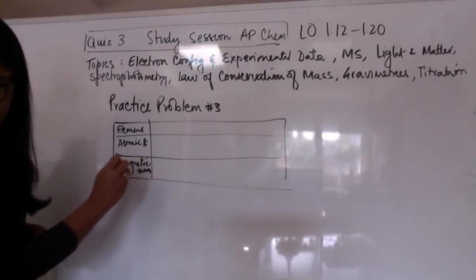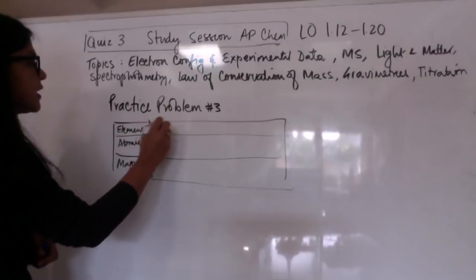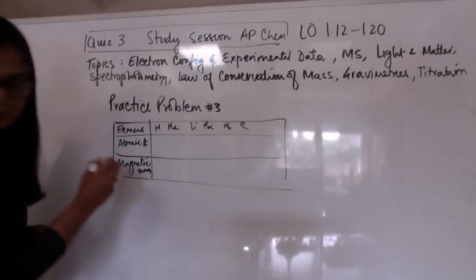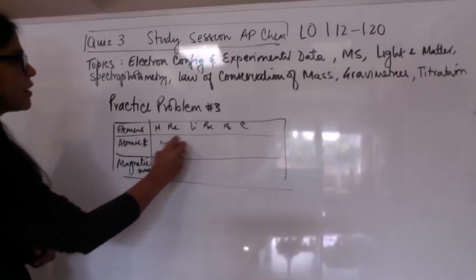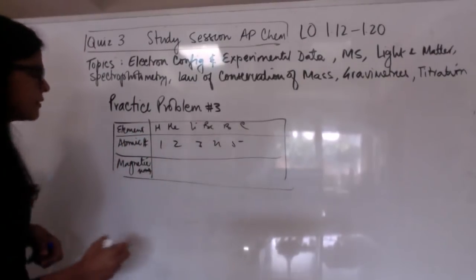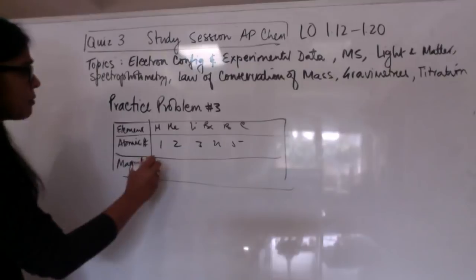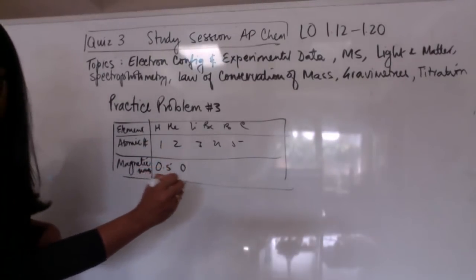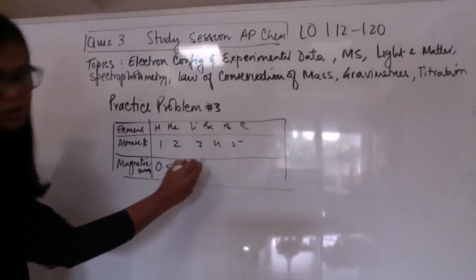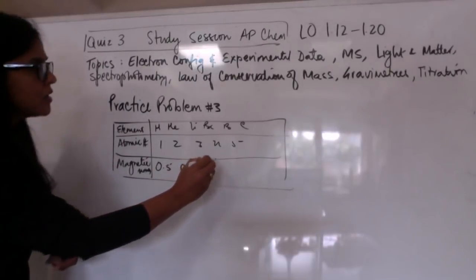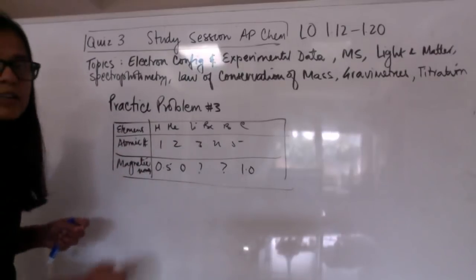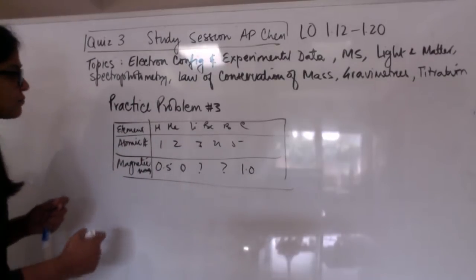And they list various elements: hydrogen, helium, lithium, beryllium, boron, carbon, and so on. And atomic numbers are 1, 2, 3, 4, 5, and so on. Magnetic moment varies in values between 0.5, 0. This is not known. This is not known. This is 1. And there are more values, but let's focus here.